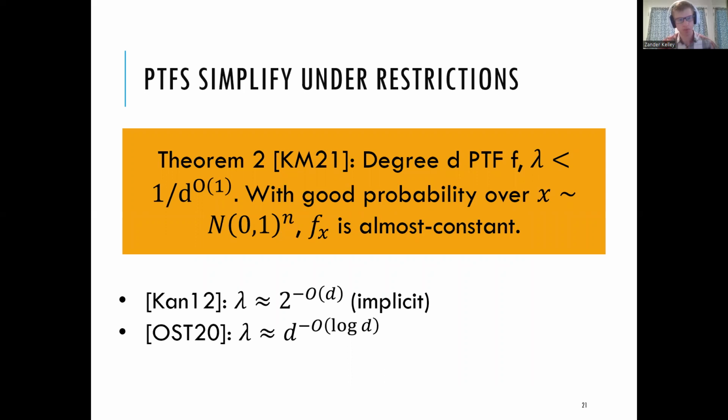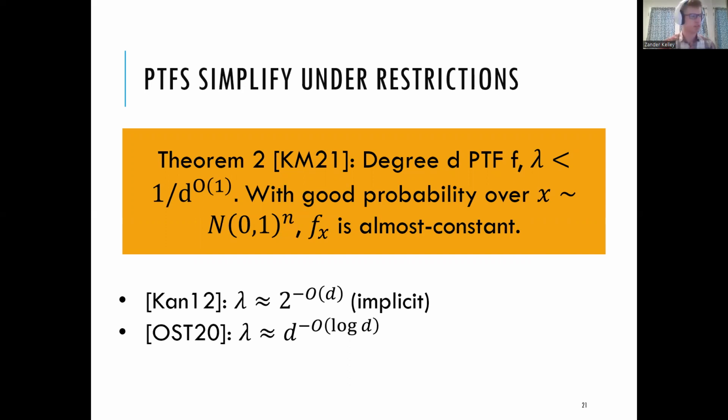And then with good probability over a random x sampled according to a Gaussian, the restricted function f at x is almost constant in some way. Talk about it in just 1 second. So that's the kind of simplification you're getting. It's kind of an extreme sort of simplification, that the resulting function is almost a constant.